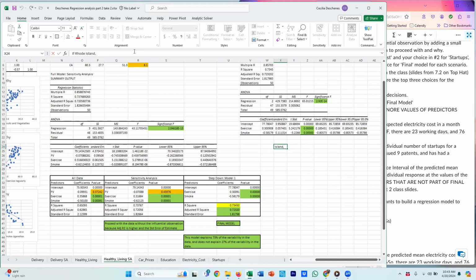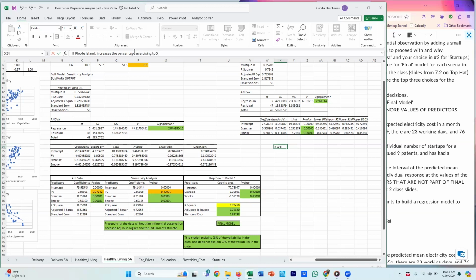So if Rhode Island increases the percentage exercising to, what percentage was it?